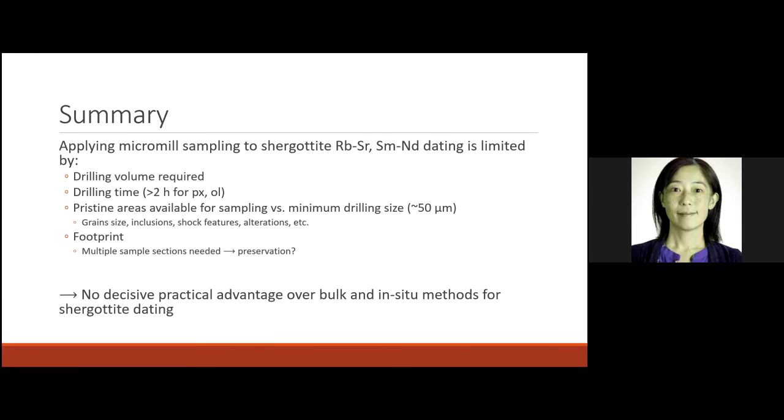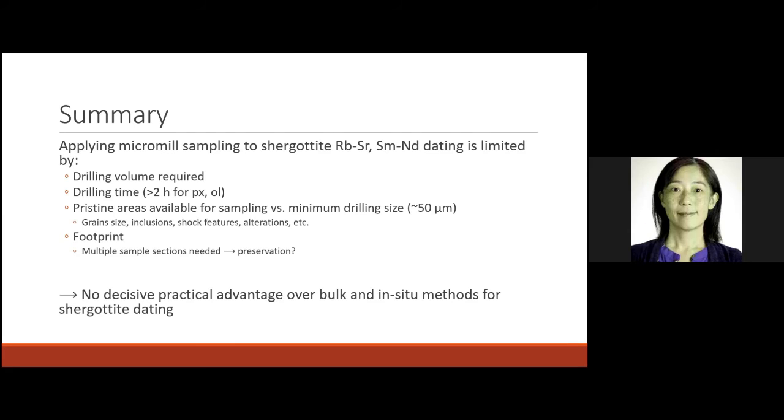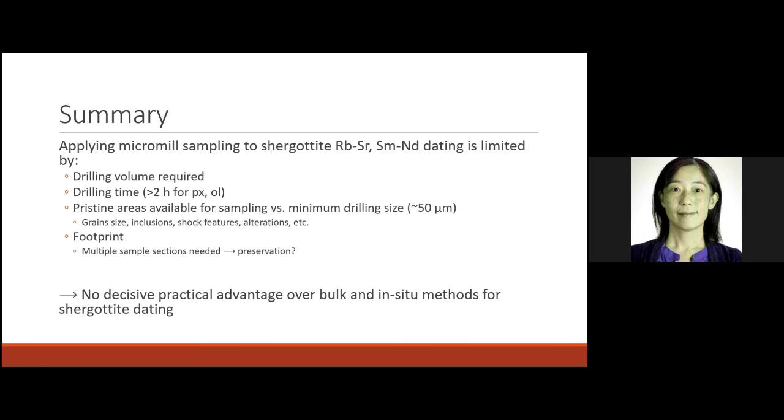For example, when you want to analyze pyroxene, you definitely don't want any tiny phosphate in it, because you will just drag down the isochron. So how do you determine the purity of the sample, especially when you're talking about so little sample?